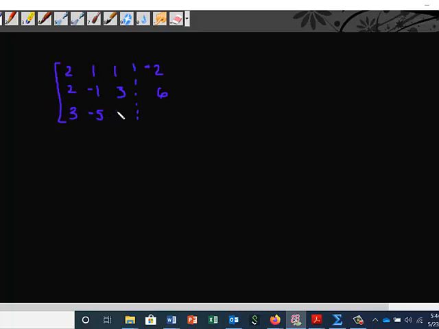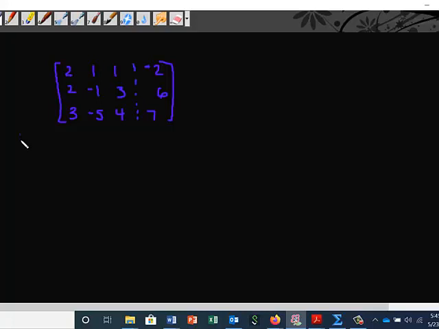It's always a nice pattern to go, and I'll discuss the patterns that you should do when we talk about the Gauss-Jordan method. But here we want to get a 1 in this position, a 0 here, a 0 here, and a 0 here, right?